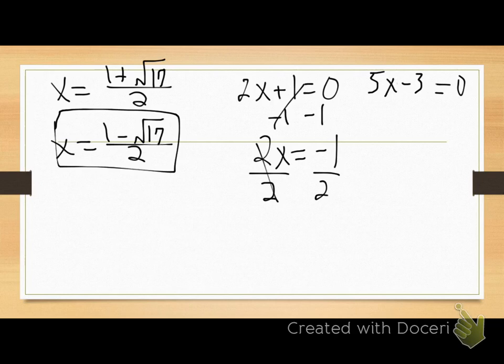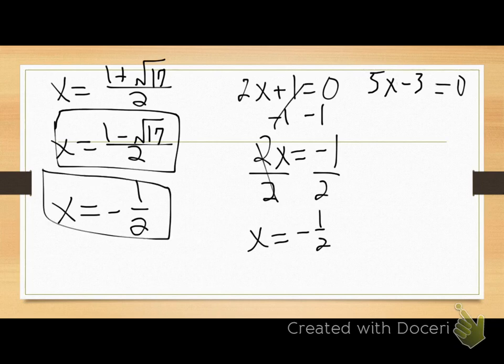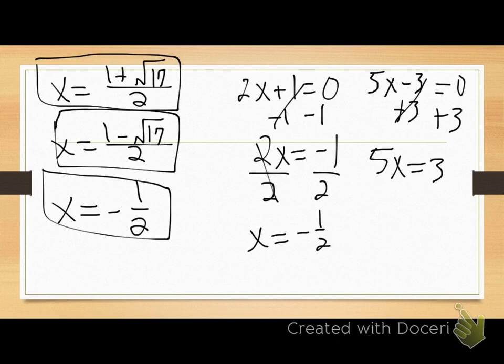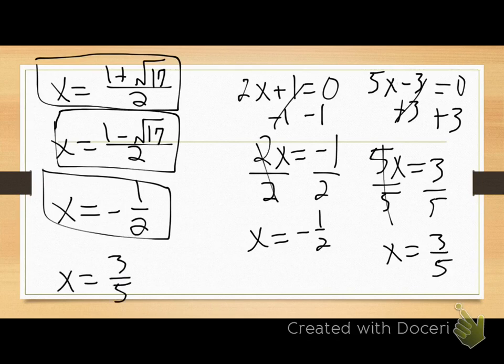Divide by 2. So x equals -1/2. There's another one of my solutions. First step on this next one. Add 3. We're almost done, guys. Last step. Divide by 5. On the left-hand side, those are my 4 real solutions of my polynomial. And I'm now done with this problem.